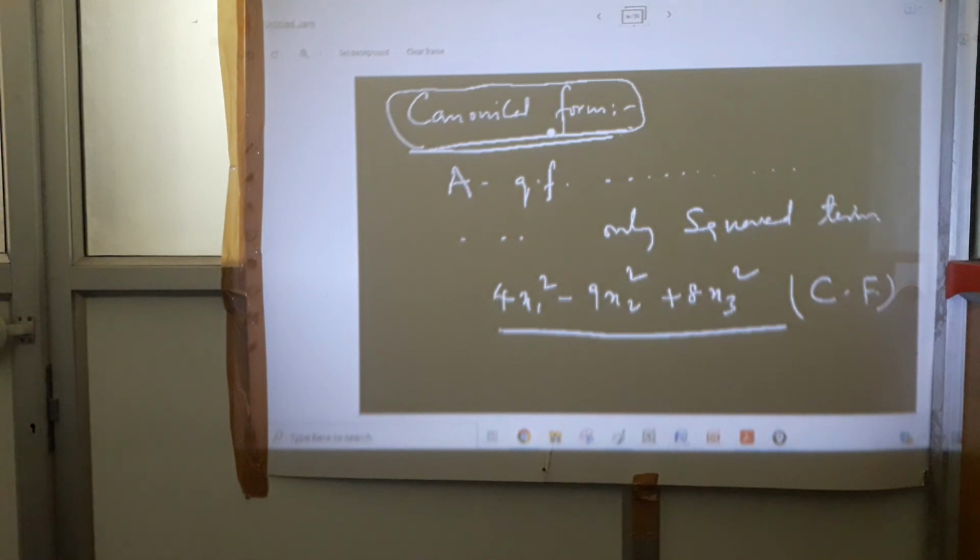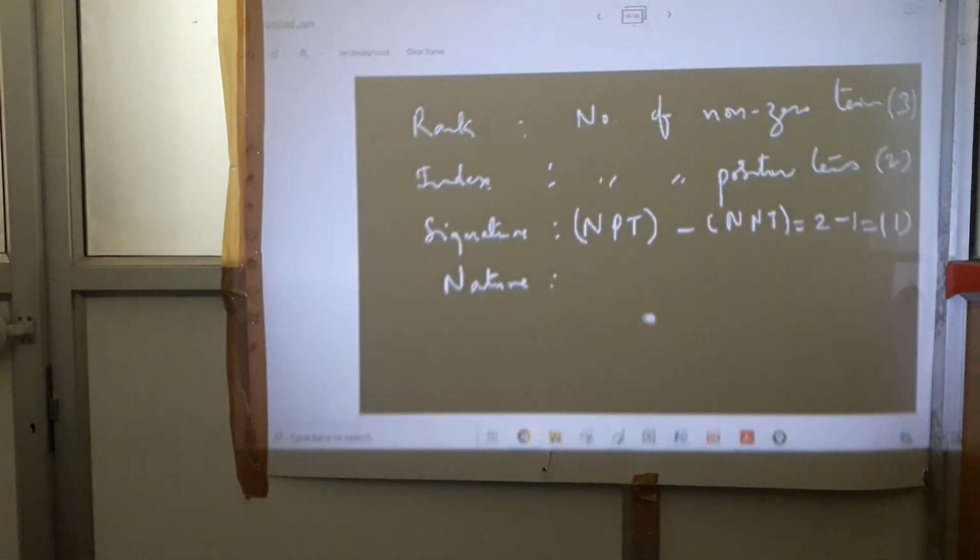If some terms are positive and some terms are negative, then it is called indefinite. Here some terms are positive and some are negative, so we say it is indefinite. So the nature for this one is indefinite.